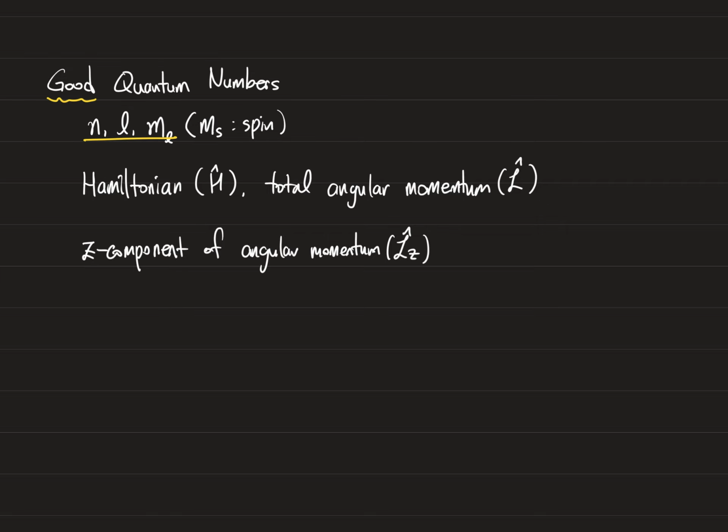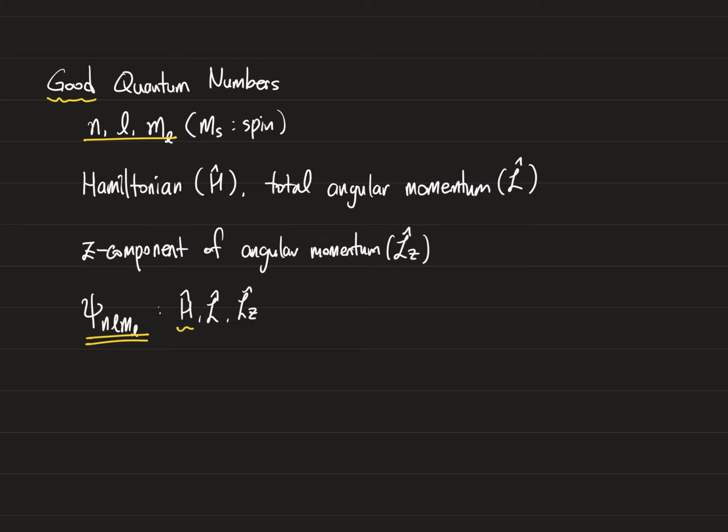So the wave function psi n l m sub l is the simultaneous eigenfunction of these 3 operators, H hat, L squared, and L z. Right? So we have discussed that this is the wave function for the Hamiltonian.